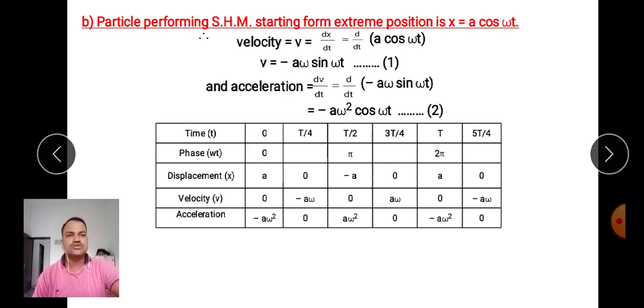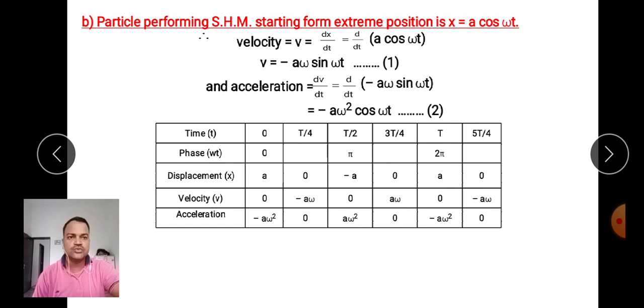Put omega t equal to 0 in this equation, means cos 0 is nothing but plus 1 into a, plus a. Then next step, put omega t equal to pi by 2 in this equation, cos pi by 2 is 0, 0 into a, 0. Put omega t equal to pi, cos pi is equal to minus 1 into a, minus a.